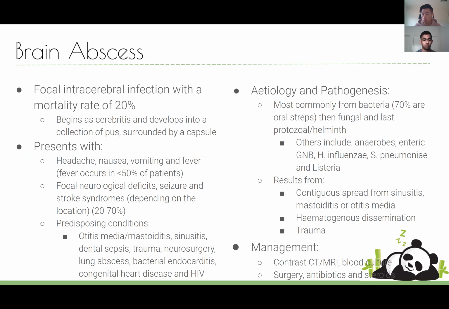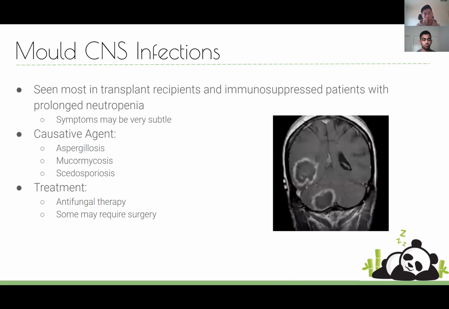Most commonly it's from bacteria, but it can have other causes. It's imaged with contrast CT and MRI, with blood cultures, and treated with surgery to drain it, as well as antibiotics and steroids to control it.